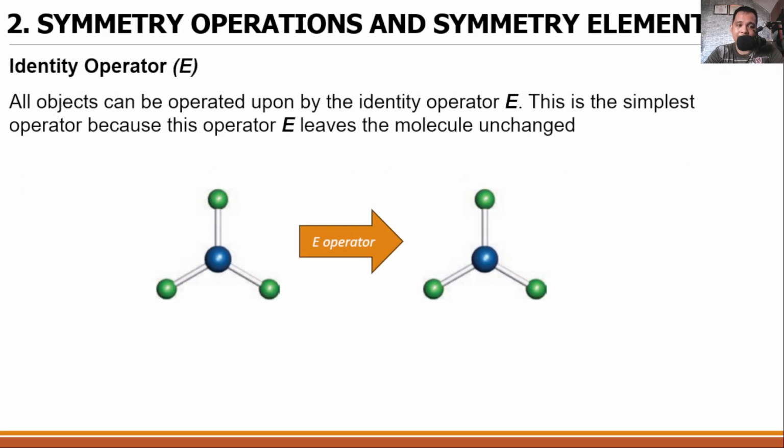Next, the last operator of our molecular symmetry is the identity operator. It leaves the molecule unchanged. Okay? You do not perform any rotation or axis here. So, upon performing the E operator here, that's it. Boom. To illustrate, perform the identity operator.